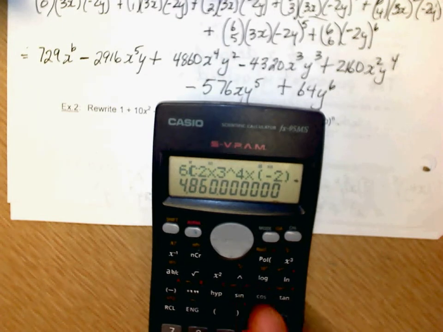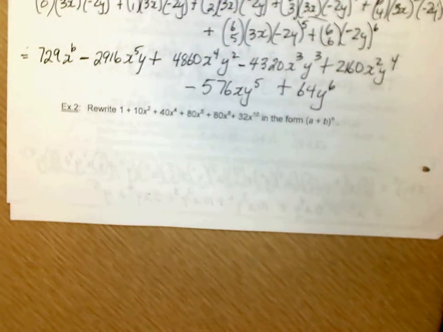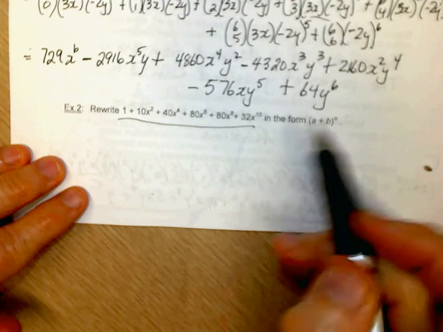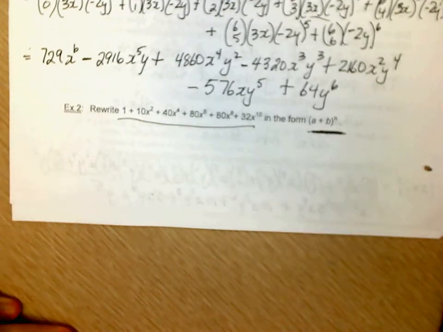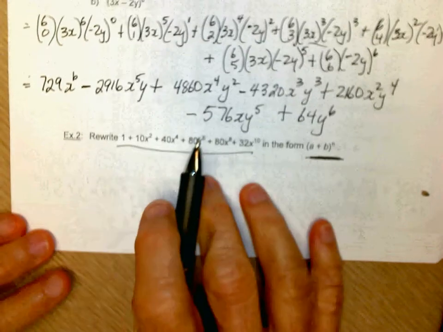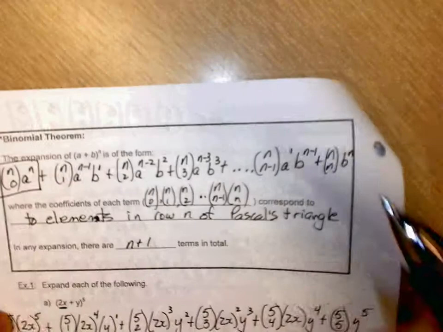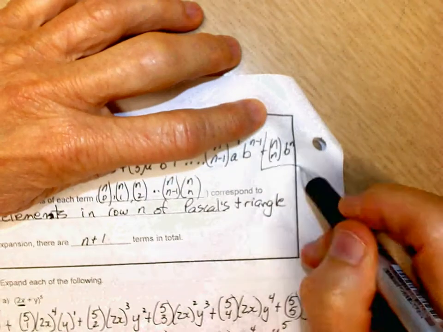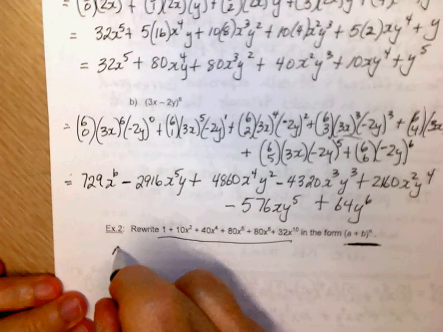Oh boy. Now they give us an expansion and they want us to write it like this. So what we're going to do is we're going to go up to the top. We're going to work with the first formula and the last formula. Okay? So you know the first term is equal to 1.